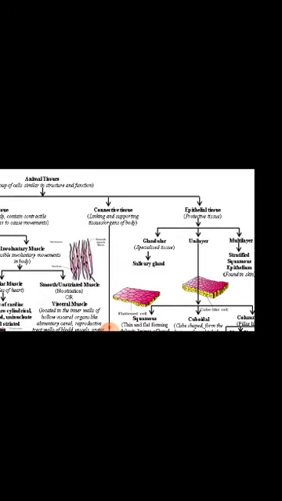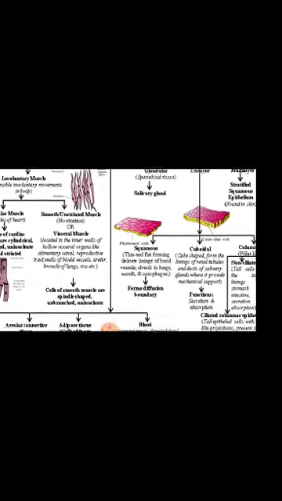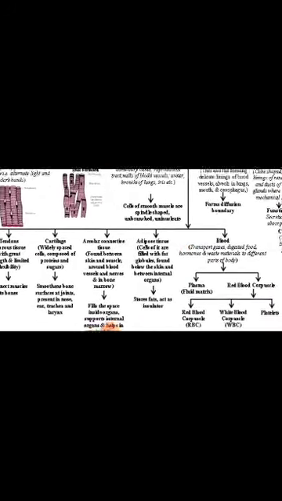Now let's talk about another type of tissues, that is the connective tissues. Connective tissues are the linking and supporting tissues of the body. Now they are subclassified into, you can see, bones, ligaments, tendons, cartilage.